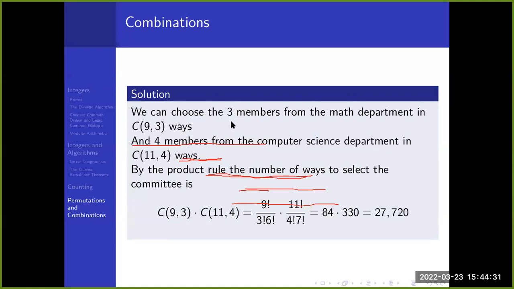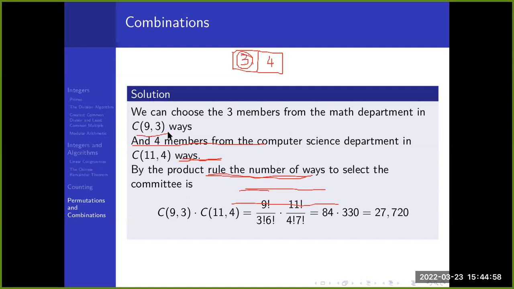So let's see how to solve this. We have 2 jobs to do. One of them is to pick 3 from the maths department. Then we pick 4 from the computer science department. So in how many ways can we do this job? We are picking 3 from a set with 9 elements.